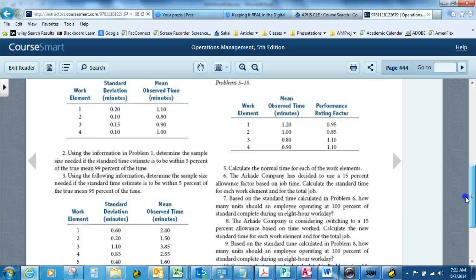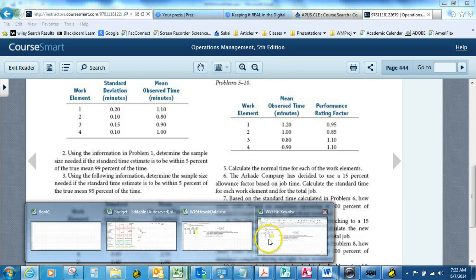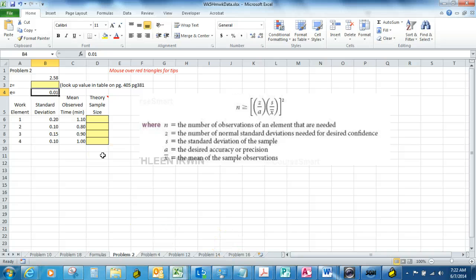Problem number 2 says, using the information in problem number 1, determine the sample size needed if the standard time estimate is to be within 5% of the true mean and 99% of the time. Okay, so 5%. So 0.05 is our accuracy, and 99% is the number that we look up for our Z factor.